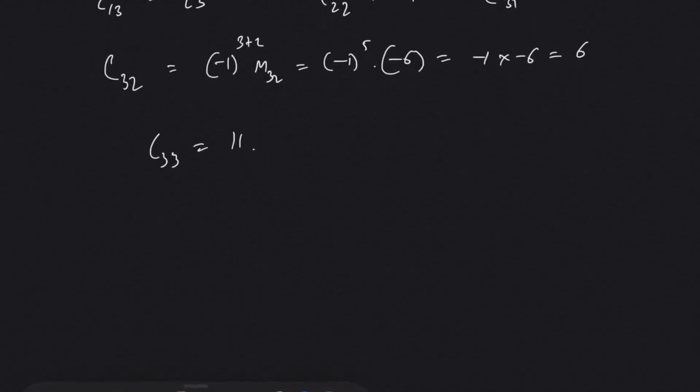So now what will be the determinant? Once we find the minors and cofactors, how do we find the determinant of a 3 by 3 matrix?